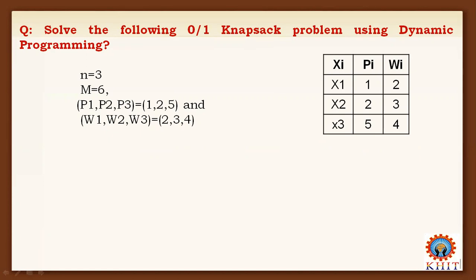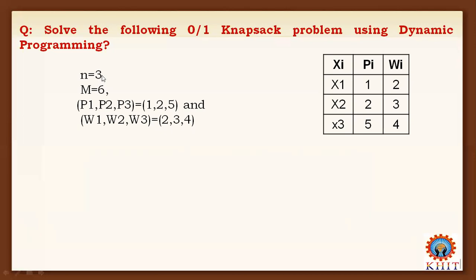The given problem is to solve the following 0/1 knapsack problem using the dynamic programming technique. In the given problem, the number of instances, items or objects is specified as n, that means 3.